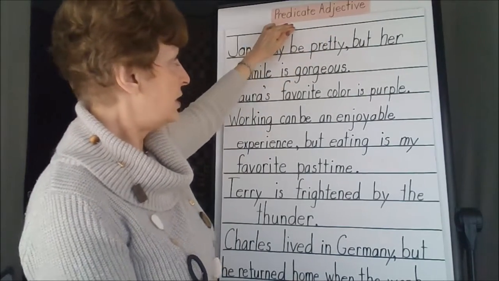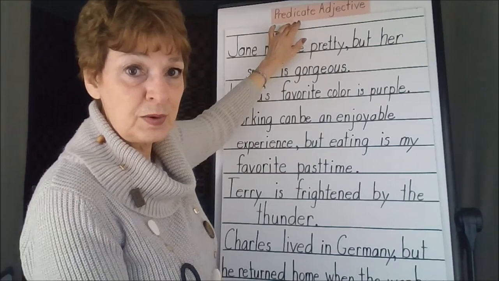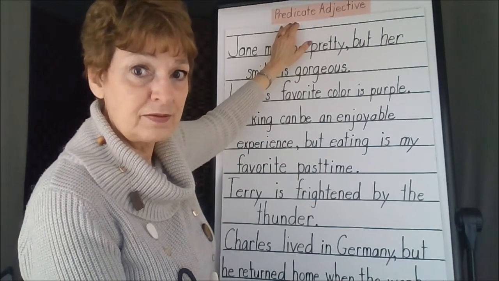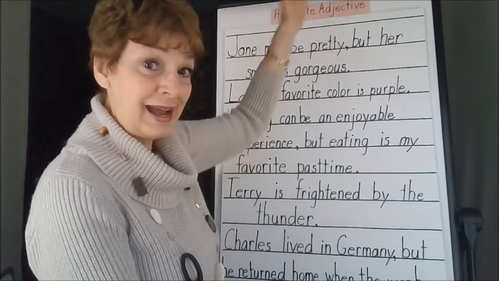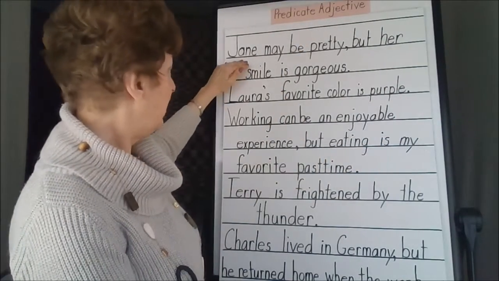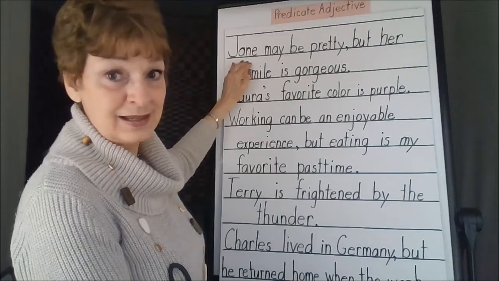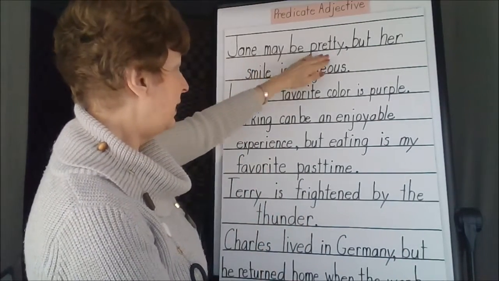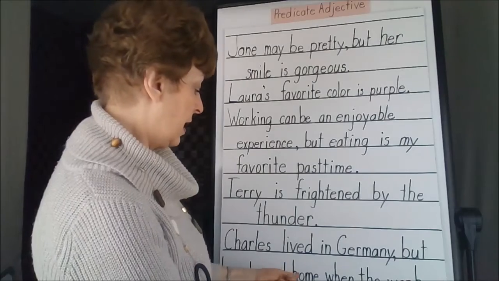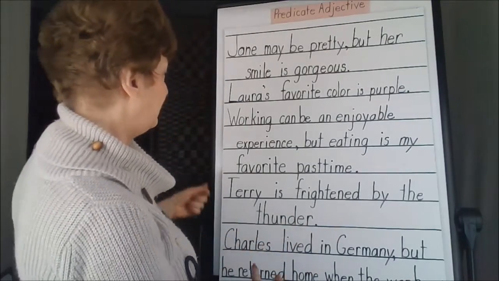But in this case, you can manipulate it so we have a predicate adjective, which means that the adjective comes after the verb. In this case, we're basically saying that Jane is pretty, a pretty Jane. But we've put it after the predicate.